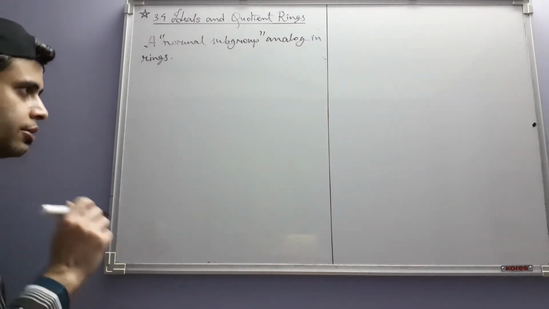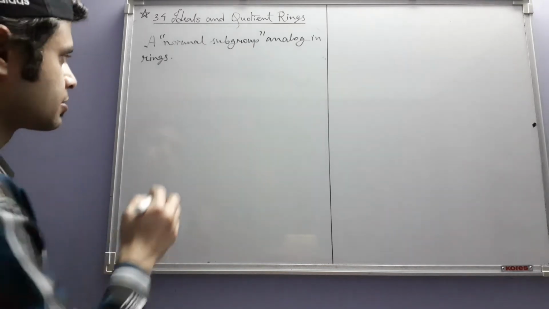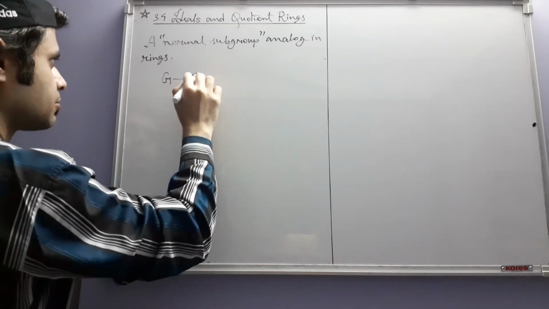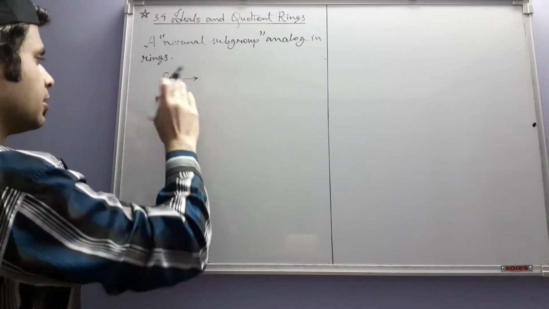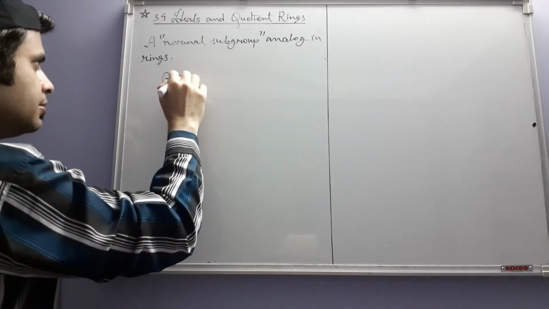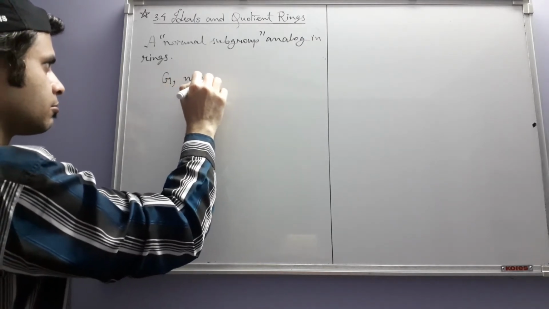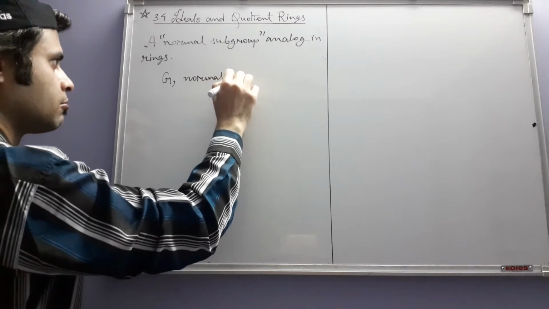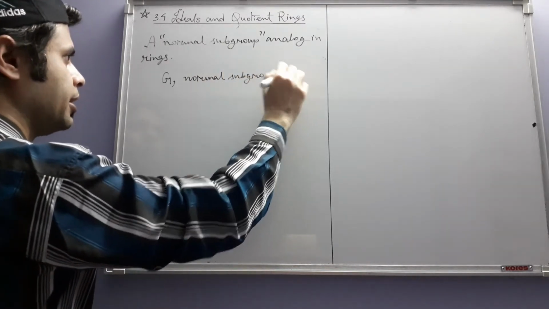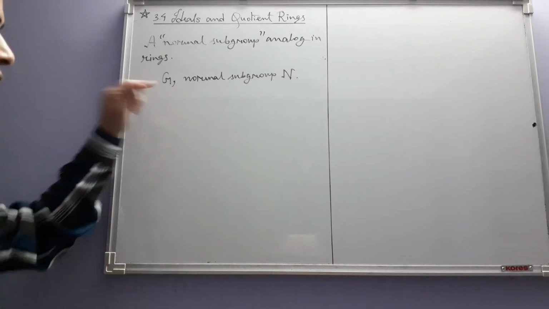So let us now recall some group theoretic things. Suppose a group G is given to us and we have a normal subgroup N also given to us of this group.